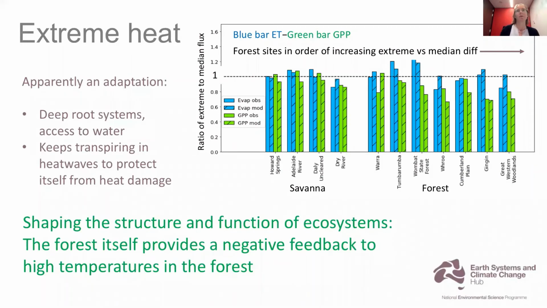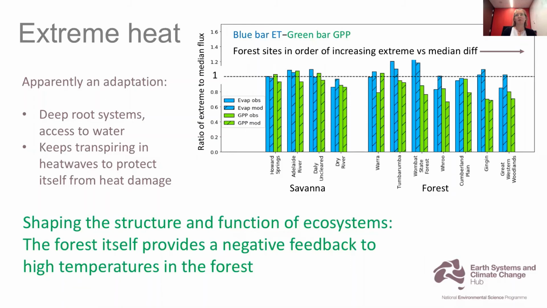So how does that play out across a range of flux sites across Australia? What I show here is a bar chart illustrating the ratio of the extreme quantity to the median quantity for both evaporation and gross primary production.